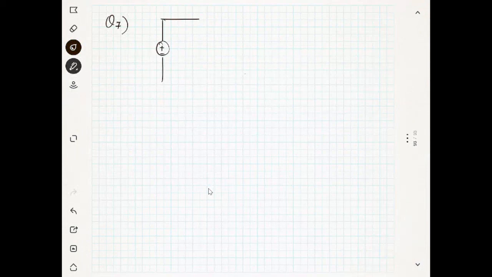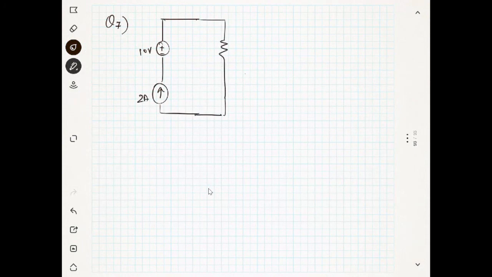Okay, we have a 10 volt battery and a 2 ampere current source in series, and you have something like this, a 1 ohm resistance. So we will calculate the power across the 10 volt battery, the 2 ampere current source, and the 1 ohm resistance.